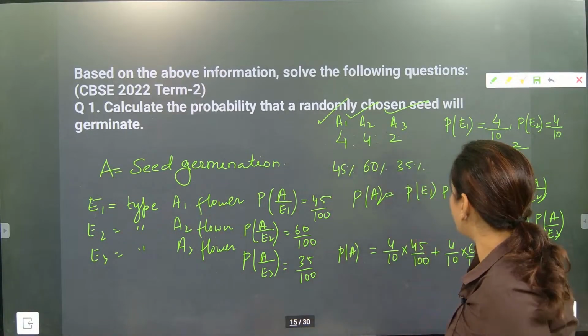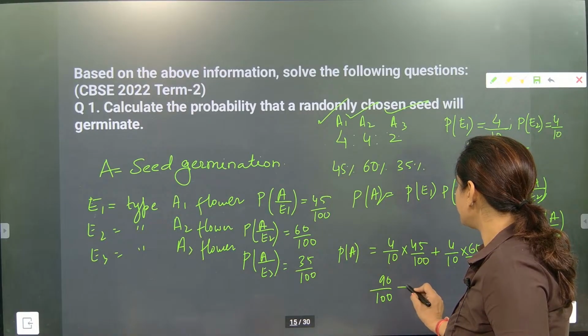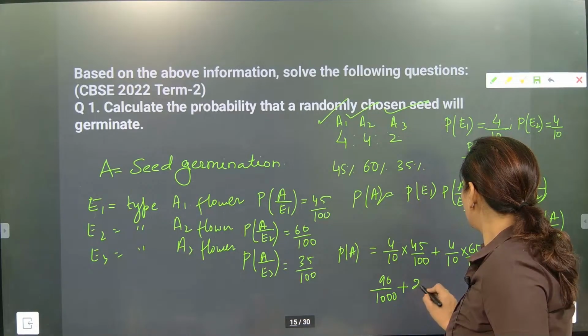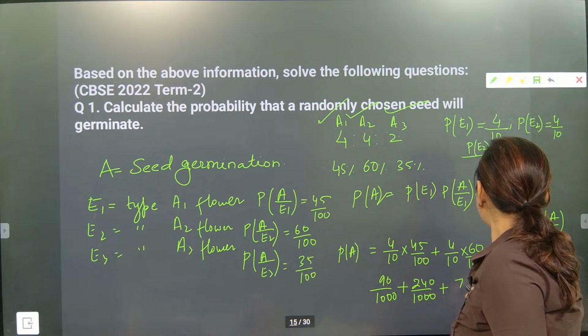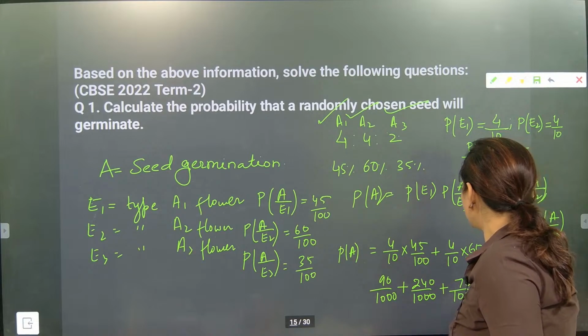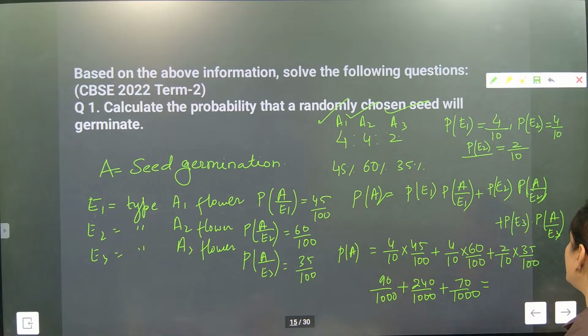So this part is coming as 90 by 1000 plus 240 by 1000 plus 70 by 1000. So the total is 90 plus 70 plus 240, which is 400 by 1000.